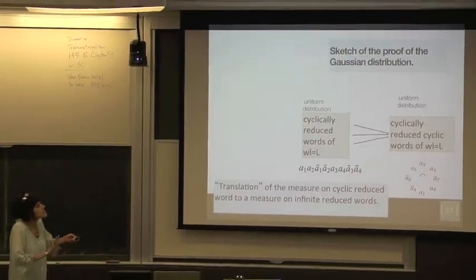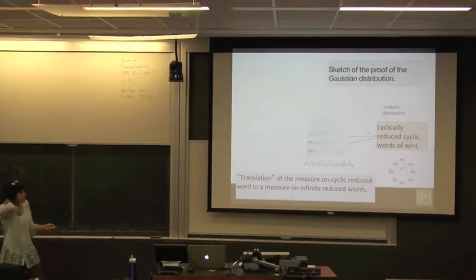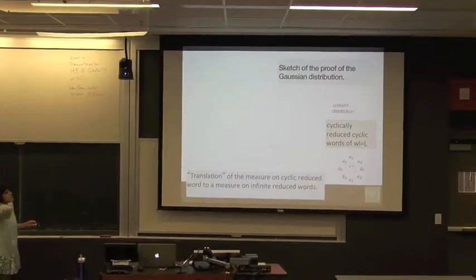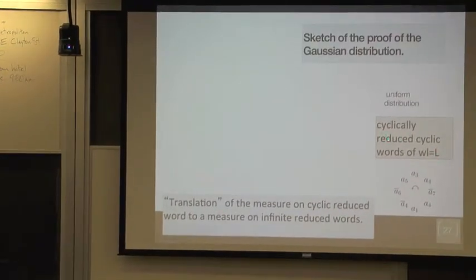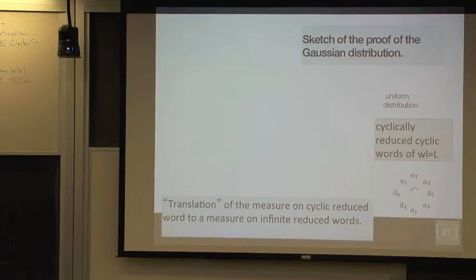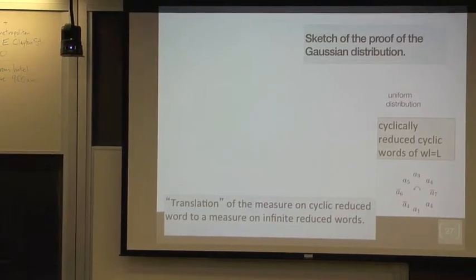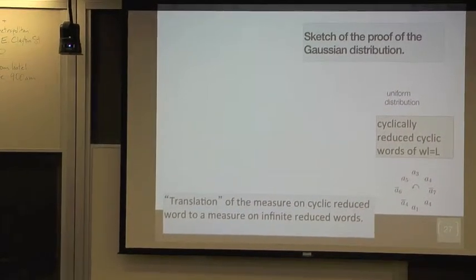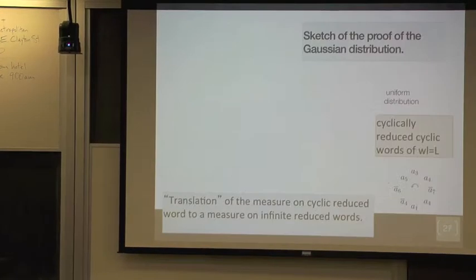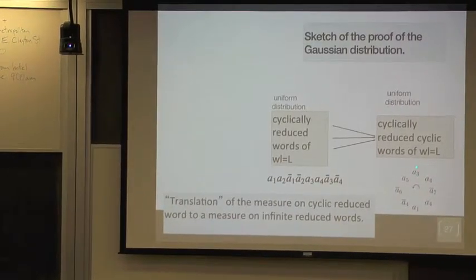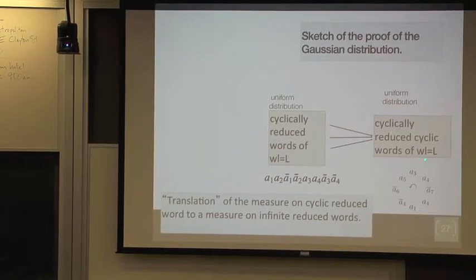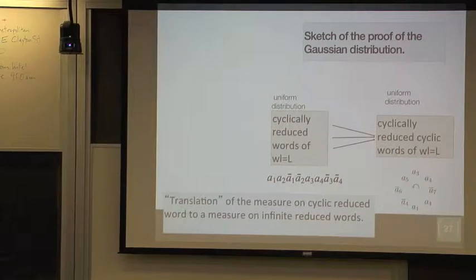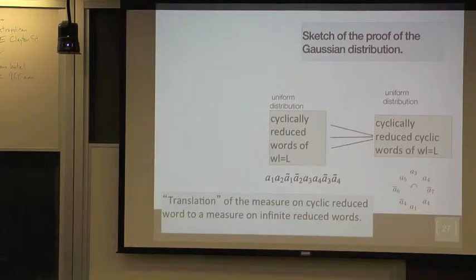Okay, I'll say very quickly something about the proof. I'm not going to go into the dirty details, but we start by looking at all the cyclic reduced words, and each one has the same measure, and we want to sample here. To study this, we're going to open up, and we have a map from the opened-up words to this, which is almost always L to 1, where L is the length.